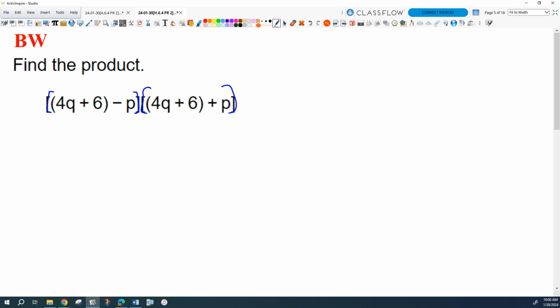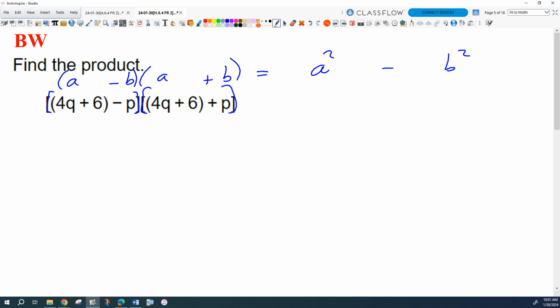I have an A minus B times an A plus B in the brackets. Everybody see that? I see it. I've got an A minus B times an A plus B, which is equal to what? A squared minus B squared. Now let's capture what's what.